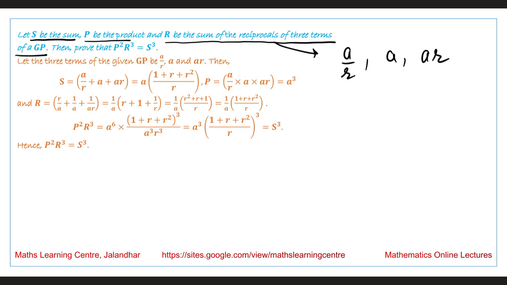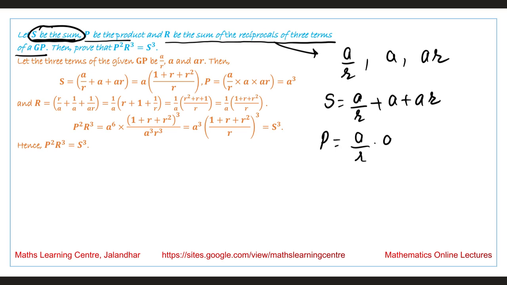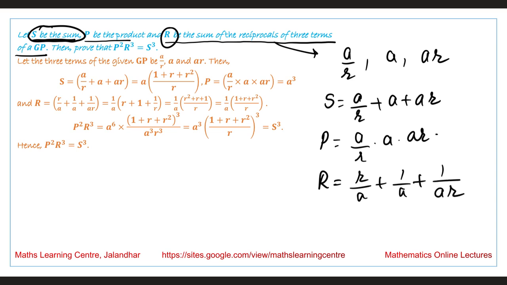Now it is being given that S is the sum, A by R plus A plus AR, P is the product, A by R into A into AR, and R is the sum of their reciprocals, that is R by A plus 1 by A plus 1 by A R. So we have to prove that P square R cube is equal to S cube. Look at this value, this R gets cancelled, we are left with P is equal to A cube.